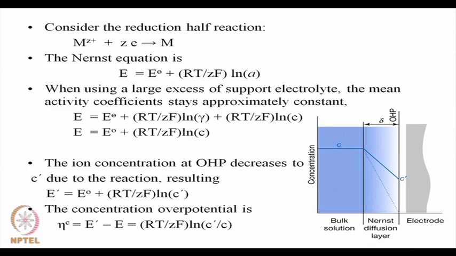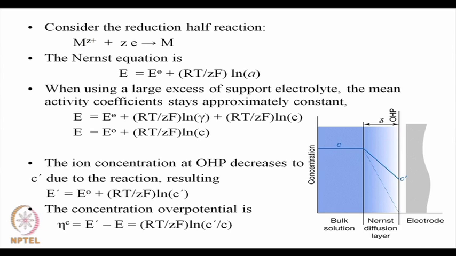Therefore, any little change in concentration of your reactant does not alter the ionic strength a lot, and as a result the mean activity coefficient of the ions involved in this reaction remains approximately constant. So, you can write this expression as E0 bar plus RT by ZF ln gamma into concentration, and if you write this together, E0 plus RT by ZF ln C.